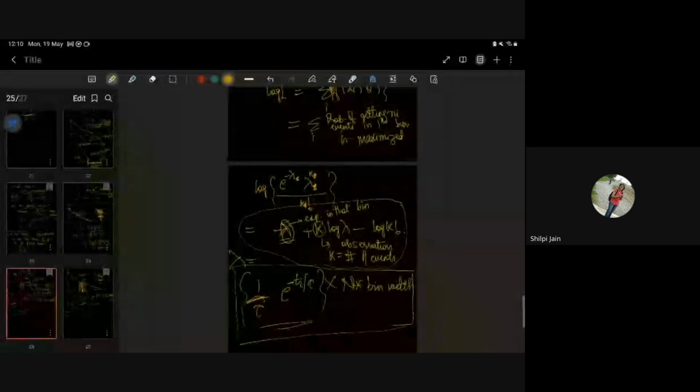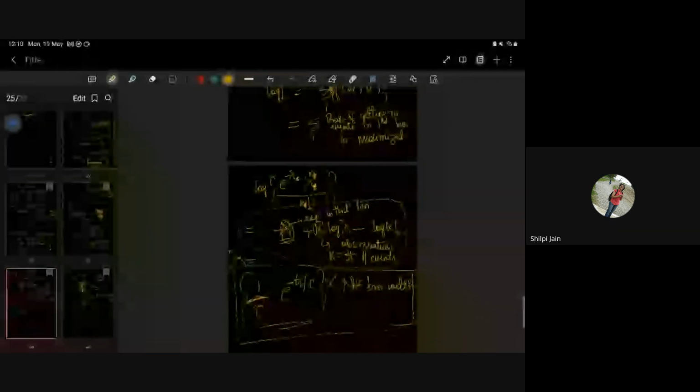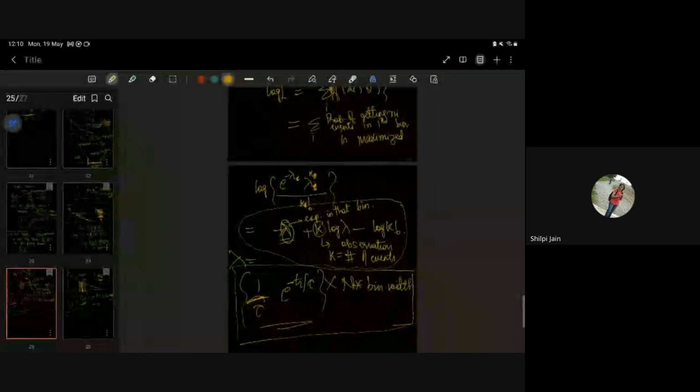But could you write the log likelihood term? Okay, I think I will check after 10 minutes.